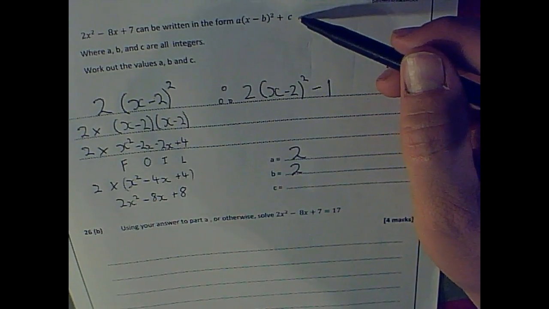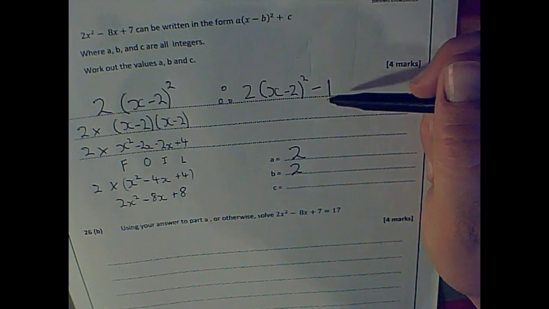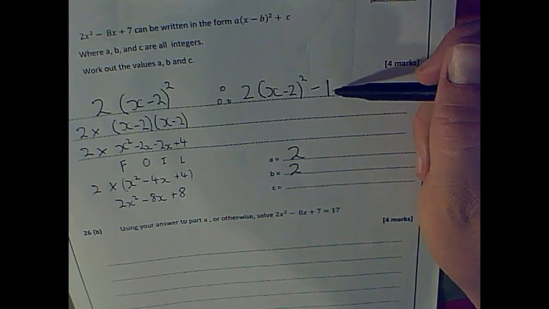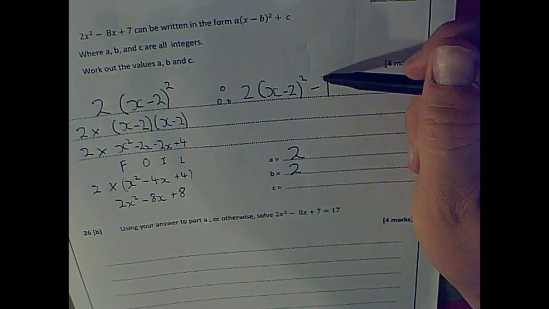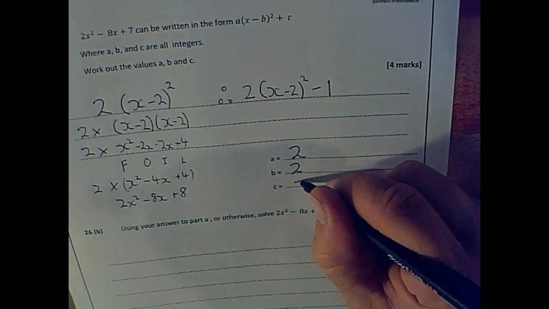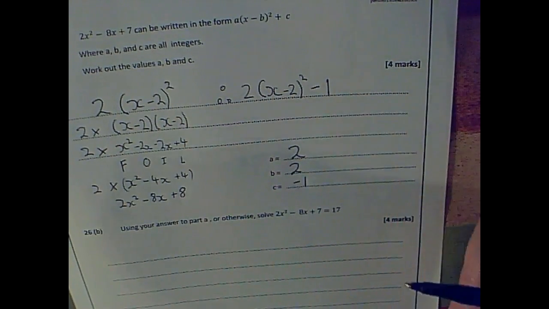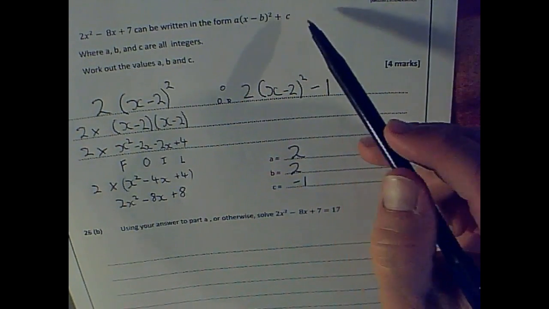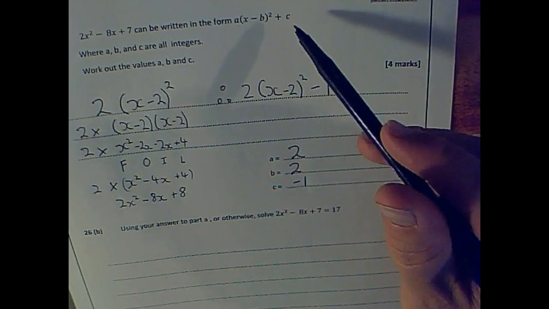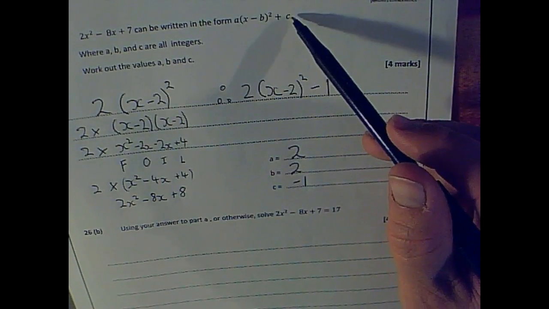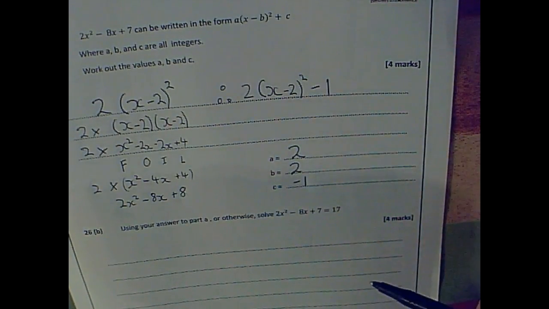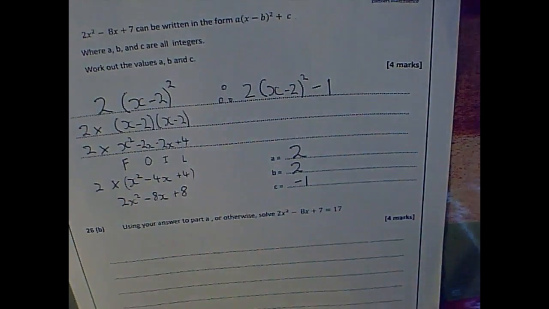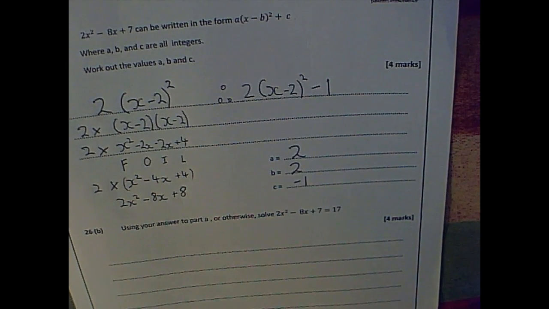And then my plus c is plus something. But if this was plus minus 1, it would have to be minus 1. Plus minus 1 is the same as minus 1. If this had minus c, I would write here 1, because the c would be 1. But this c has to be minus 1 to make that work.